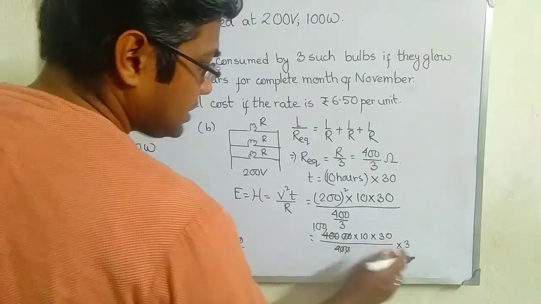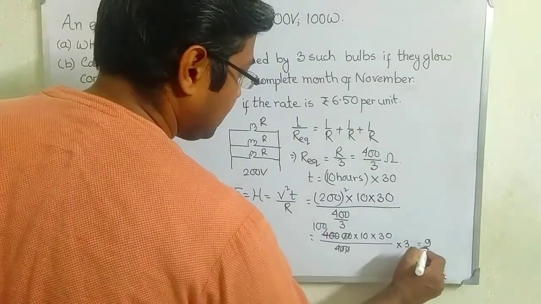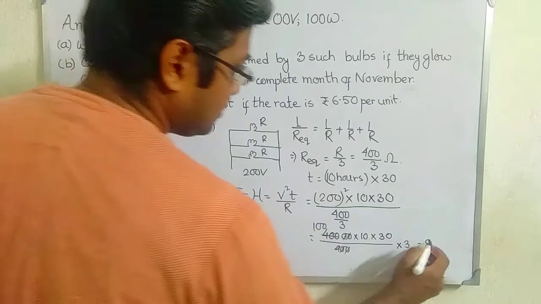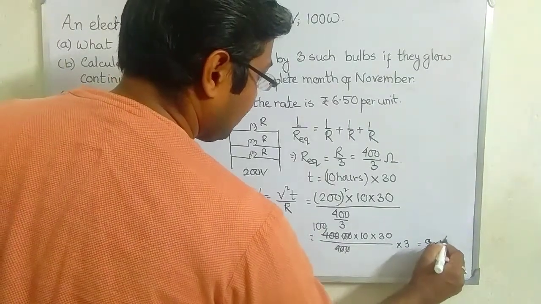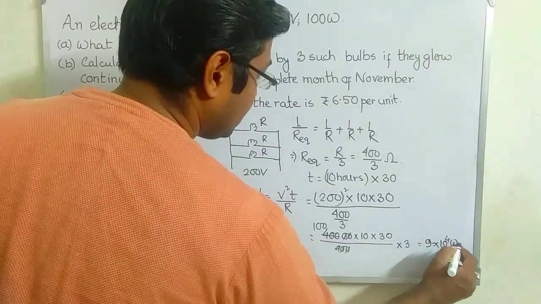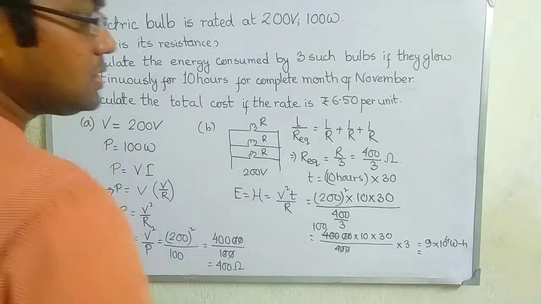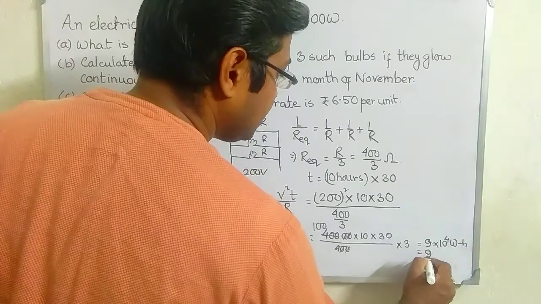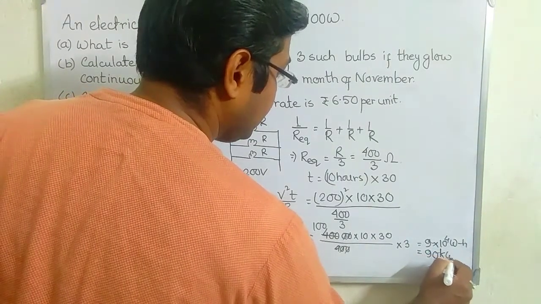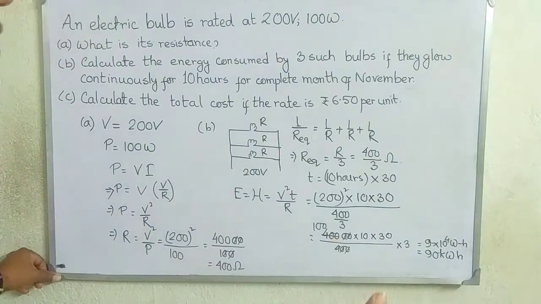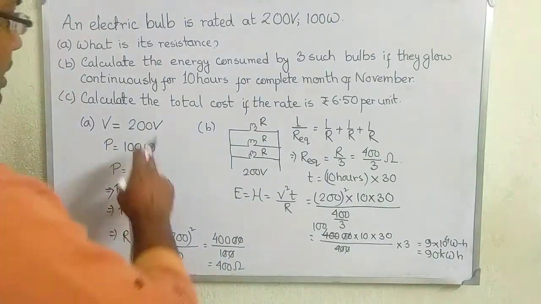So 3 into 3 is 9, and the zeros together make 9 into 10 to the power 4 watt hour. So if I want to find the kilowatt hour, that will be 90 kilowatt hour. Okay, so 1 kilowatt hour means 1 unit.